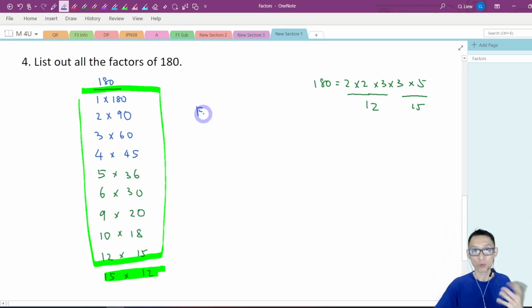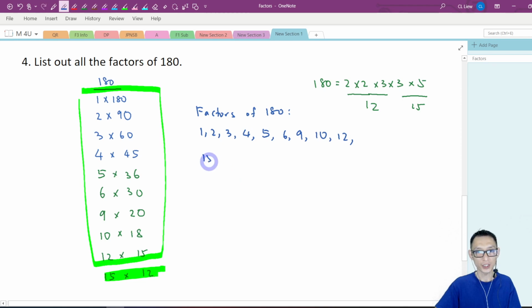You need to list them out properly, starting from the smallest: 1, 2, 3, 4, 5, 6, 9, 10, 12, 15, 18, 20, 30, 36, 45, 60, 90, and the last one is 180.